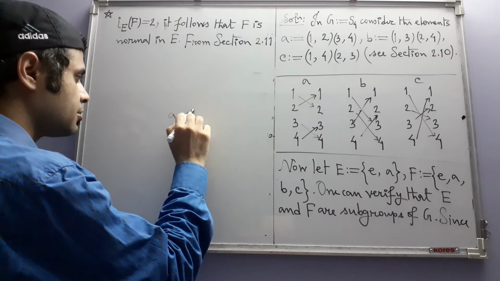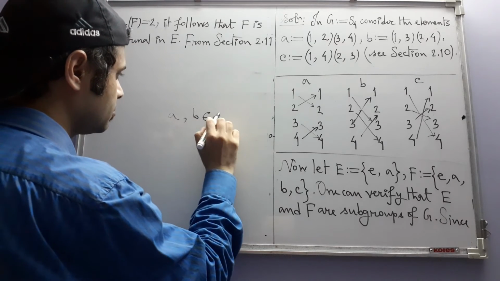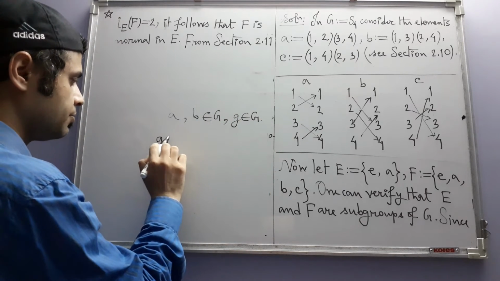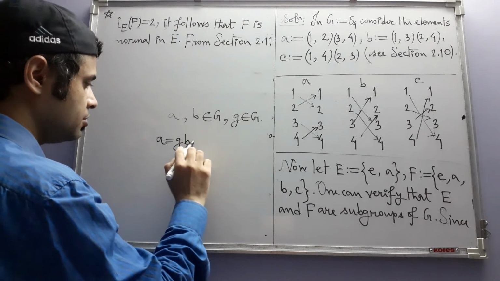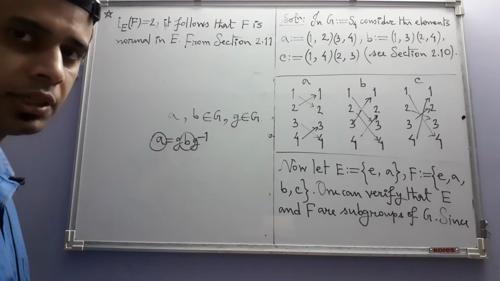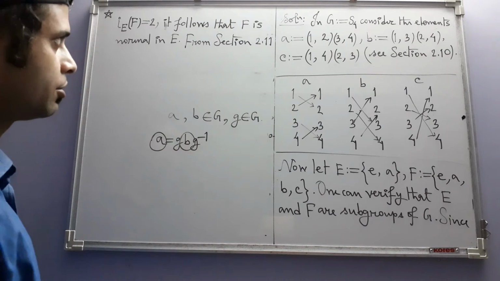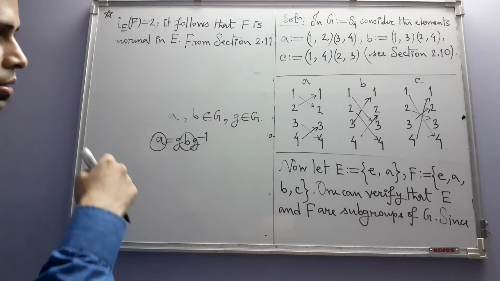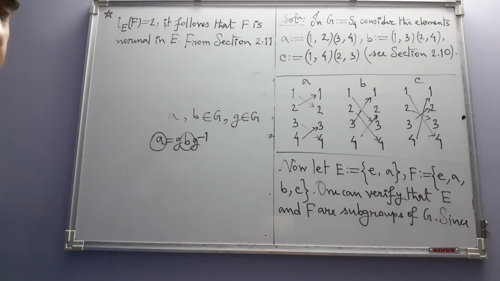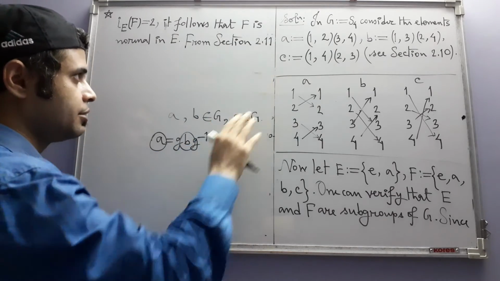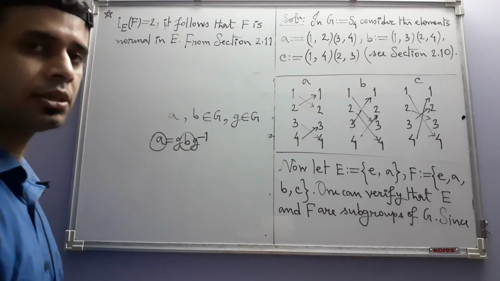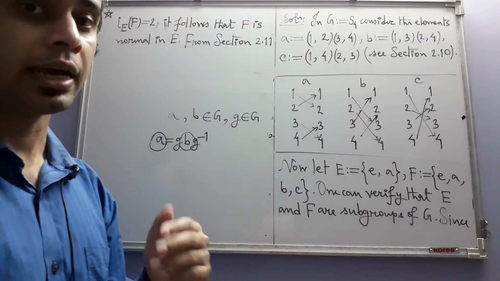Say you have two elements A and B in a group G, and you choose an element g in G such that A is equal to gBg inverse, then A and B are said to be conjugates of each other, or we say that A is a conjugate of B. So in this section we learn what the conjugates of a given permutation in a symmetric group are, and that analysis tells us that any permutation that is conjugate to a given permutation has the same cycle structure.